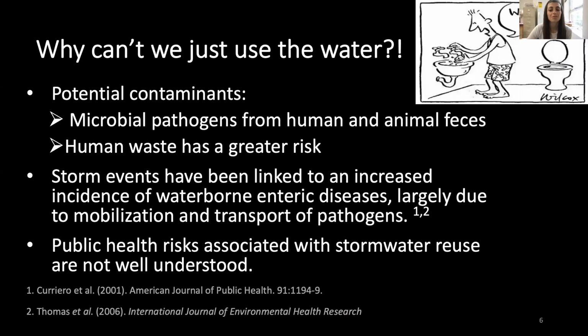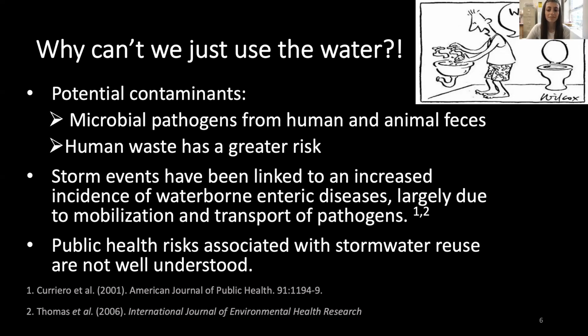Stormwater reuse poses a variety of challenges due to the potential of this source to be contaminated with human and animal feces, and thus microbial pathogens, such as Campylobacter, Salmonella, and pathogenic E. coli. The contamination of water with human or animal feces poses a significant risk to human health, albeit the risks associated with pathogens found in human waste are far greater than the risks associated with animal waste.